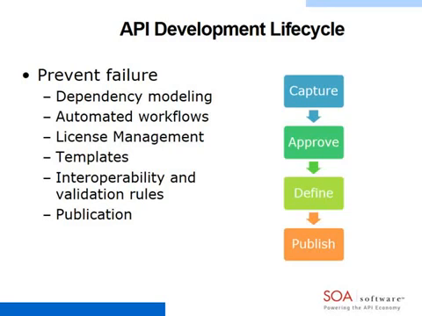Furthermore, you can actually enable your developers and give them templates and interoperability requirements and publication guidelines to get your APIs out there into the public and supporting your mobile apps. And this is all about not only preventing failure, but also creating a factory for the development of mobile backends and APIs in general.